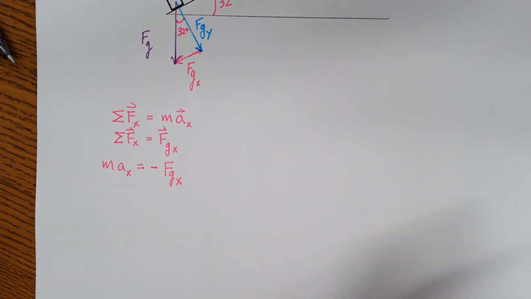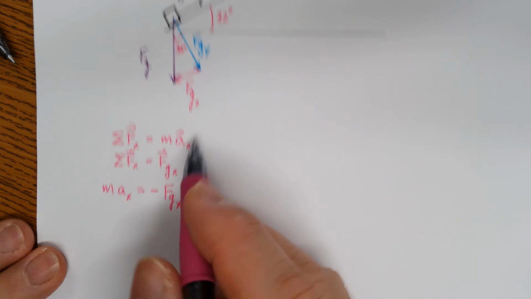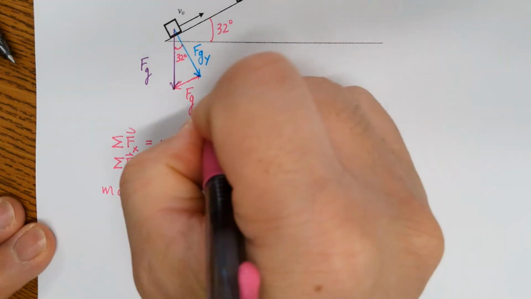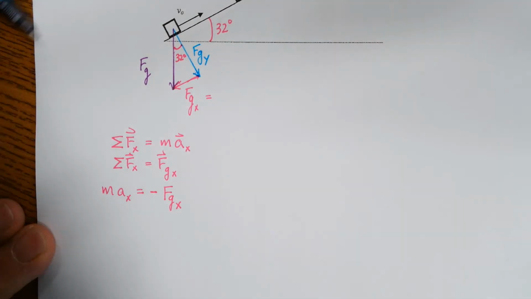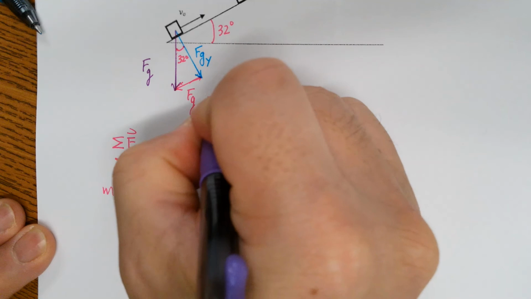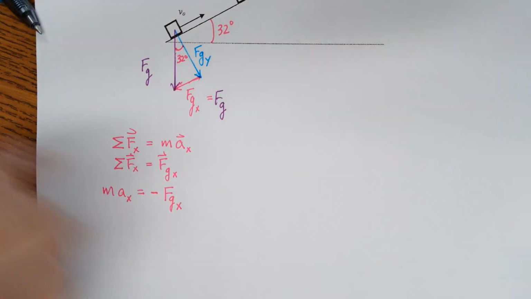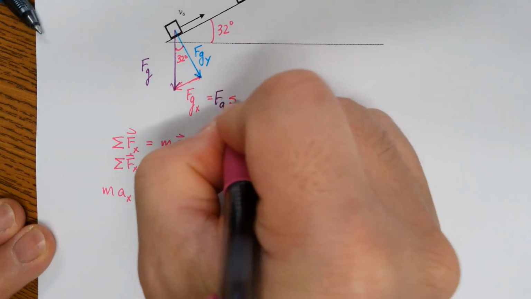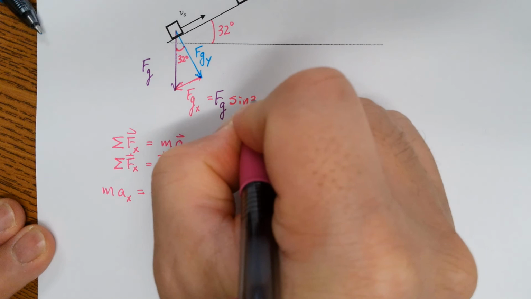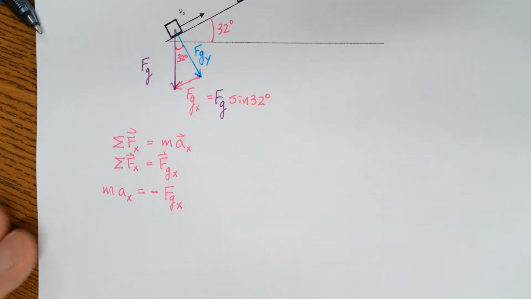Therefore, my FGX is really FG times sine of 32 degrees.